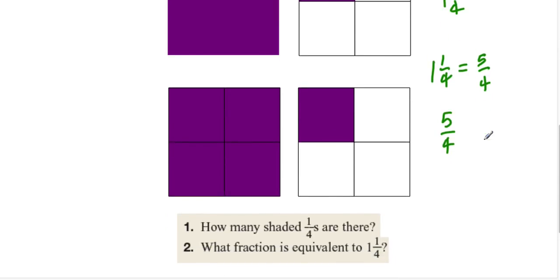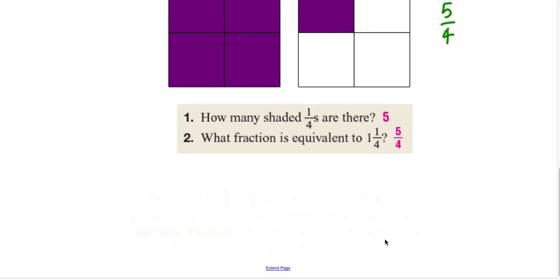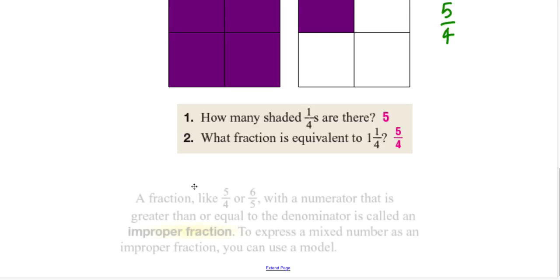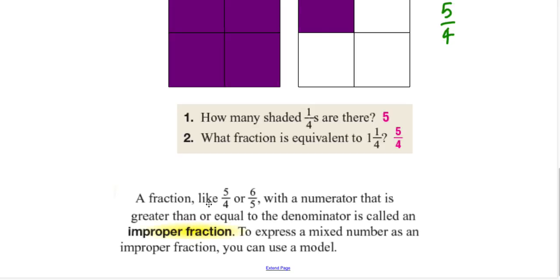Okay, so what do you notice? Let's answer these two questions. How many 1/4s are there? We just answered that. There are 5 of them. What fraction is equivalent to 1 and 1/4? That is 5/4. A fraction like 5/4 or 6/5 with a numerator that is greater than or equal to the denominator is called an improper fraction.